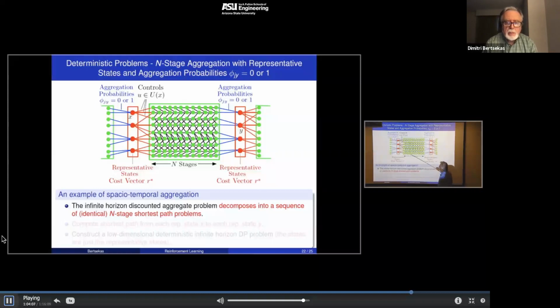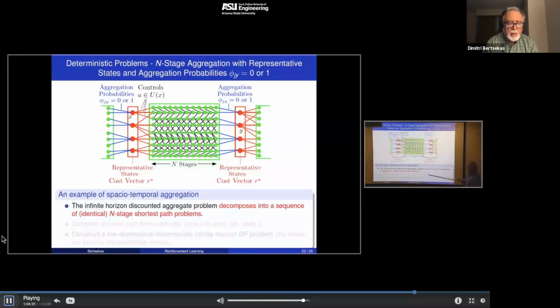So that means that I can compute the optimal path piecewise for all possibilities of these states to these states. So for each x and y, I can compute the shortest path here. I can do this for all pairs. And now I have pre-computed the entire portion of the path that I need for an infinite horizon path.